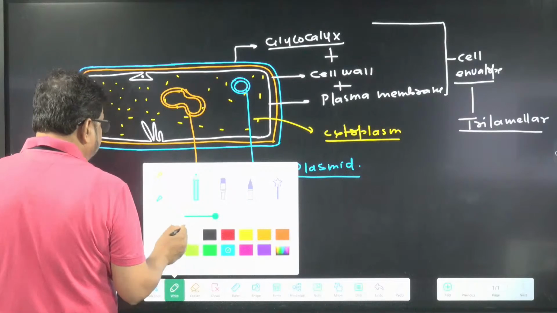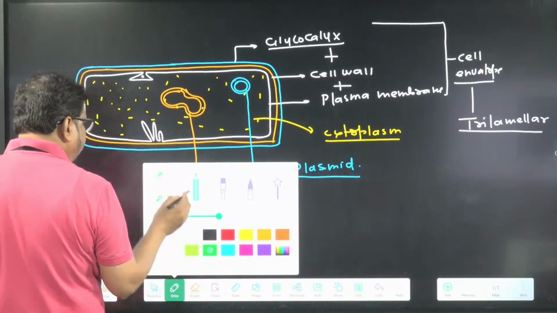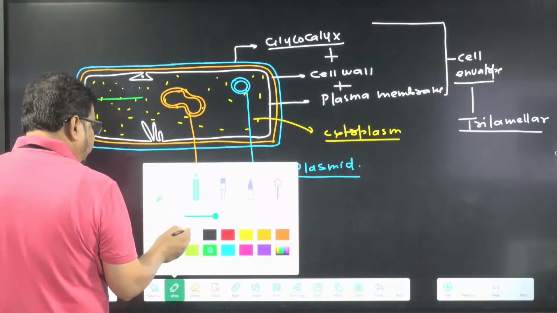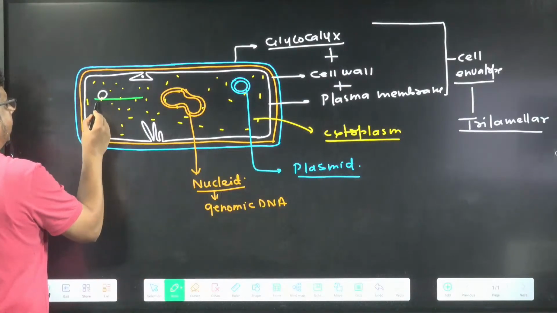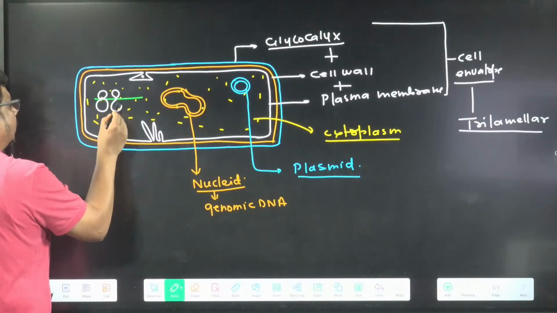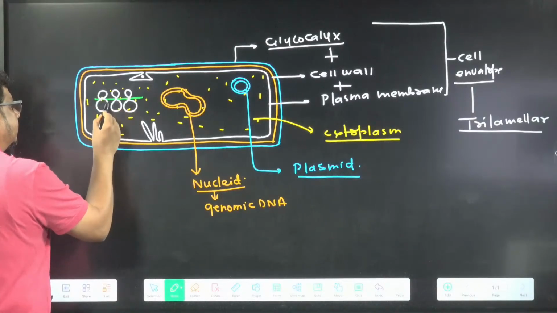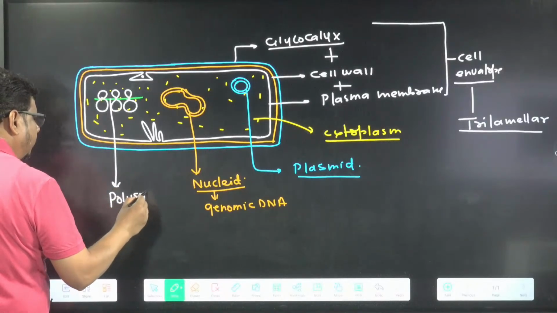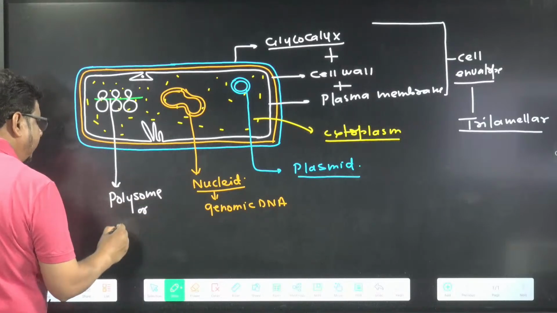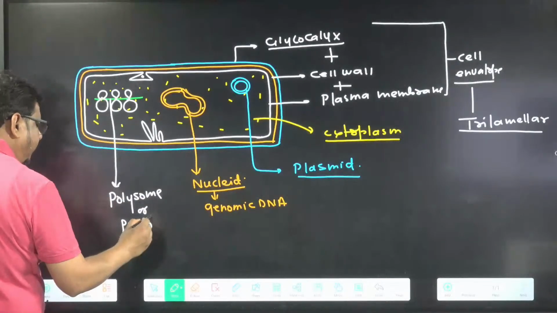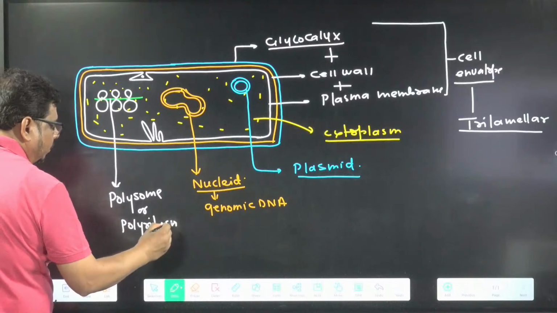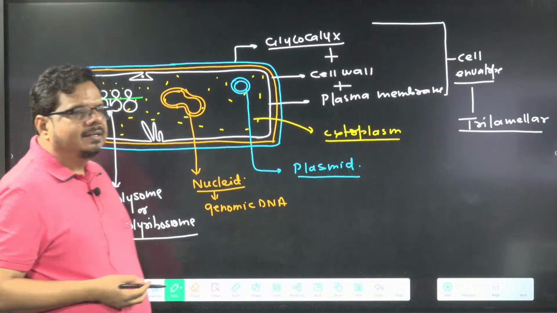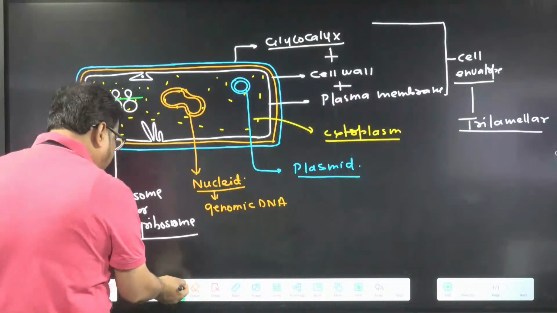Suppose this is an mRNA, and with this mRNA many 70S ribosomes join. This structure is called polysome, or polyribosome. These are also present in the prokaryotic cell.